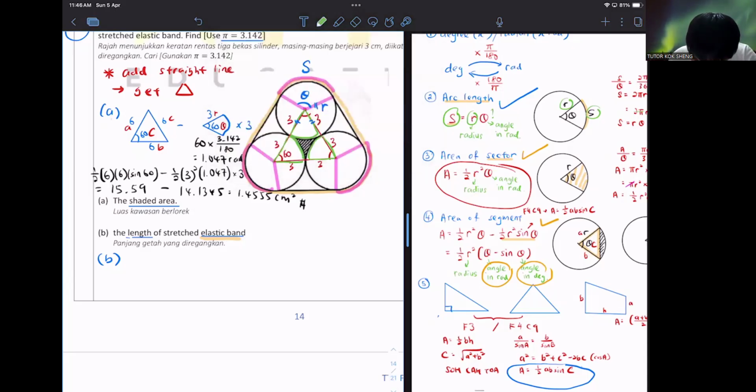Remember, a tangent to the circle, it will be 90 degrees. From this point, join the center, and here will be 90 degrees.